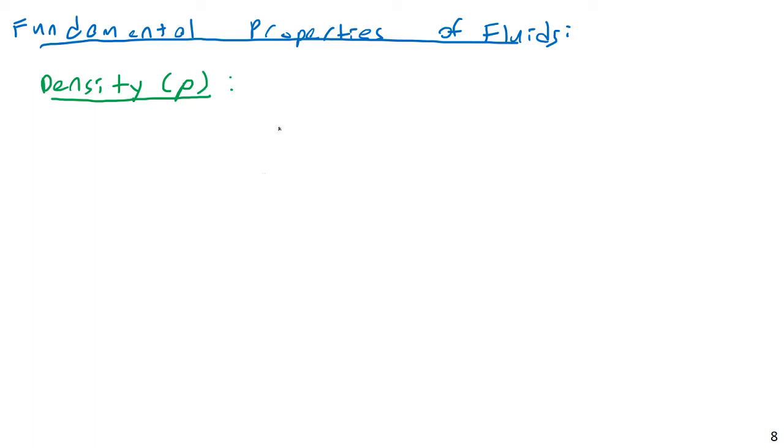But in this class, it's very important to be very precise in our language. So density means mass per unit volume. Does not mean weight or force per unit volume. It means mass per unit volume. So this is, again, a mass characteristic.